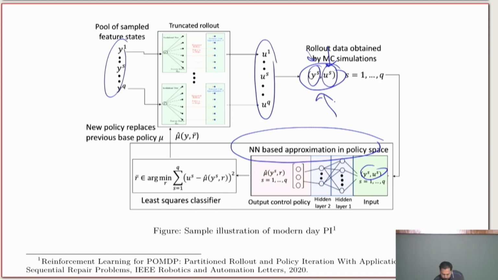That's the data we have, and then we may build a least square classifier that tells us which of these controls to pick, and this allows us to replace the policy that we had before. Okay, so the base policy that we had before. So this is a high level diagram, and we will see more details of this now.